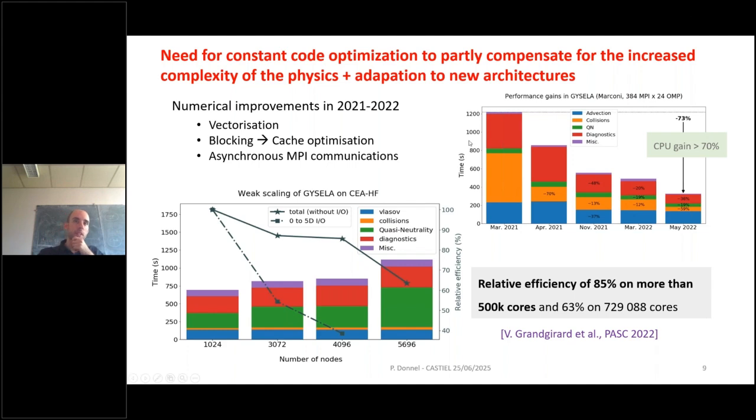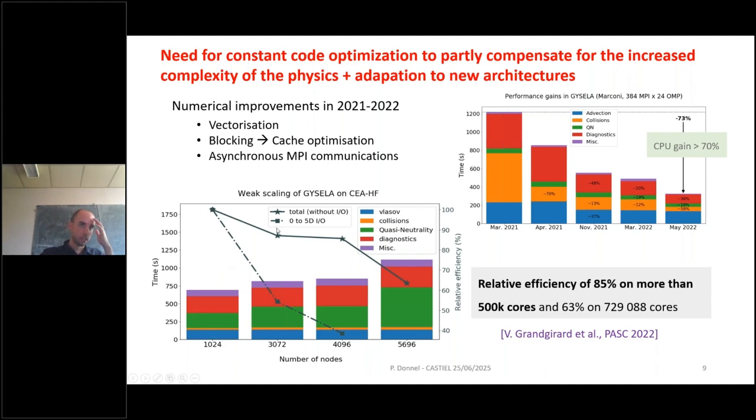With exactly the same version of the code, we performed a weak scaling on one of the supercomputers in France, CAHF, which at that time was, I think, if I remember well, in the top 10 worldwide. We got access to the full size of the machine, so it was the first time we had access to so many nodes. Here you see the relative efficiency as a function of the number of nodes.